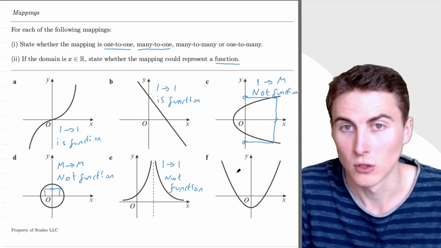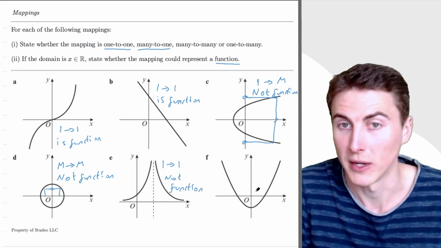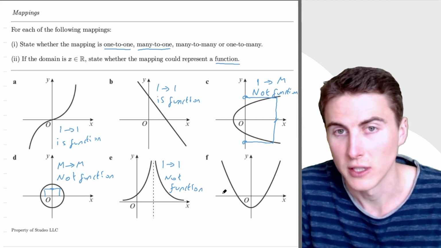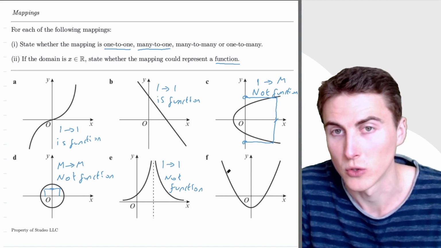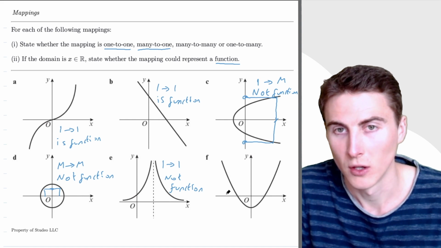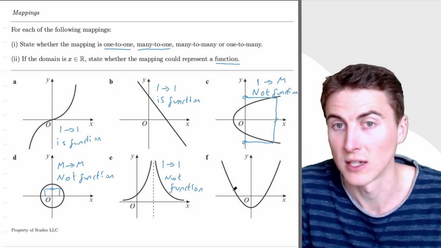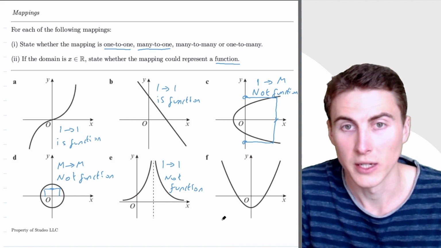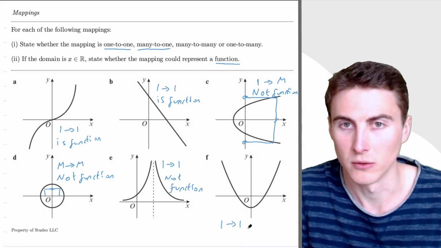And then here, by the looks of it, we've got a quadratic, maybe like x squared minus something like 6. And this is a function. Each x value along here only corresponds to a single y value. So if you draw a line from any point on the x-axis, it will only hit the graph once. So this one is a one-to-one. Actually, no, sorry.